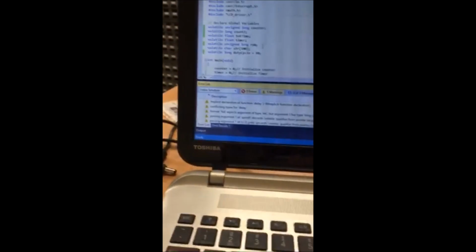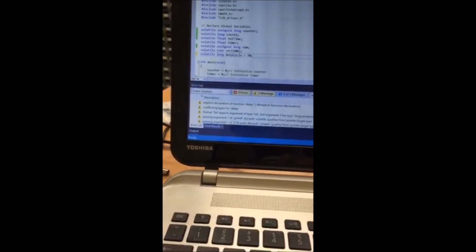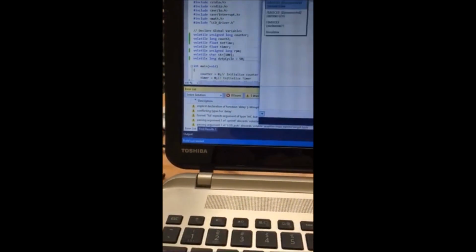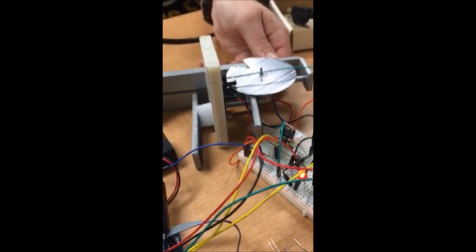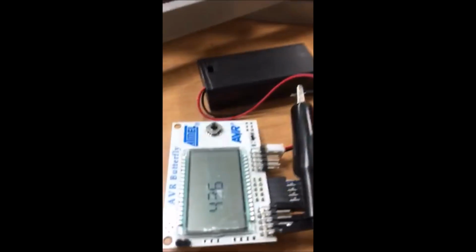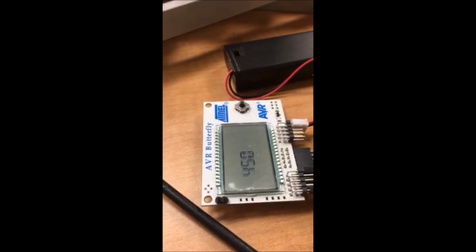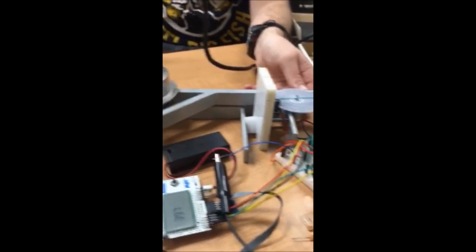Even for higher duty cycles, so I can do 50% here. Getting around 300, 400. Yeah, about 400, which is what I was getting before.